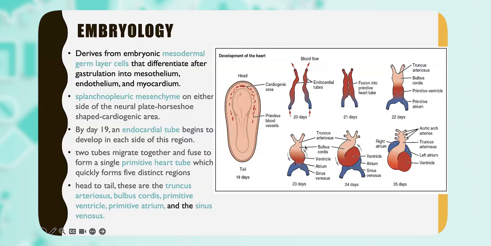That is, the heart tube starts to rotate. It starts to rotate clockwise and the arterial part is pushed cephalic and anteriorly. See here. So this is the shape of the heart on 24 days. By 35th day, this position of heart is achieved and all other septations and vessel formations start.